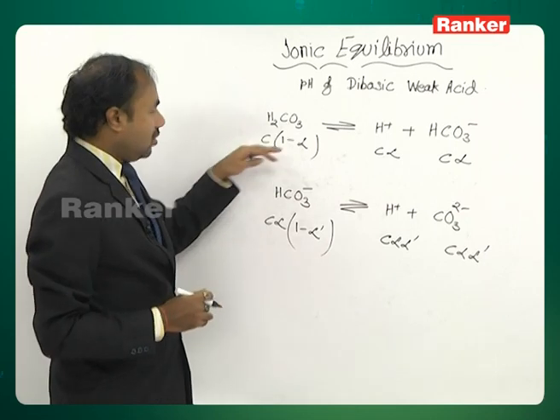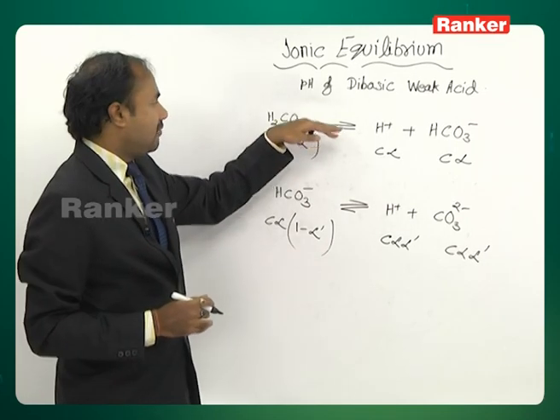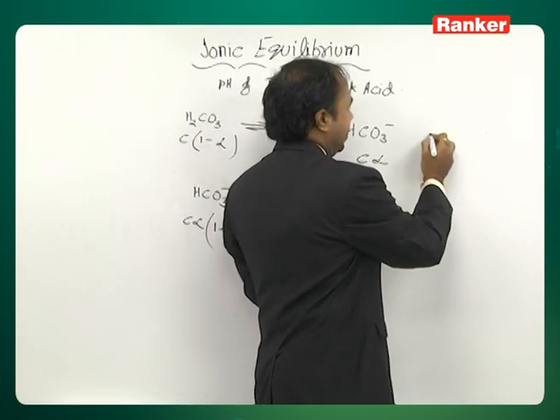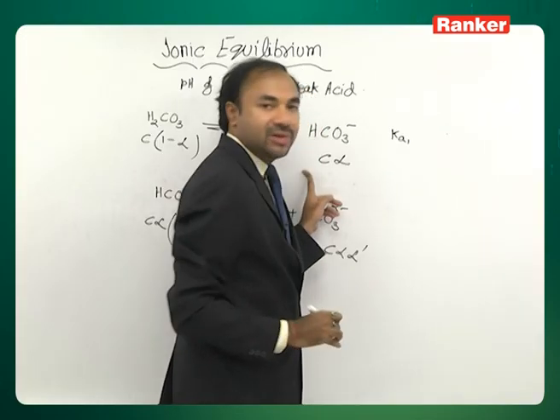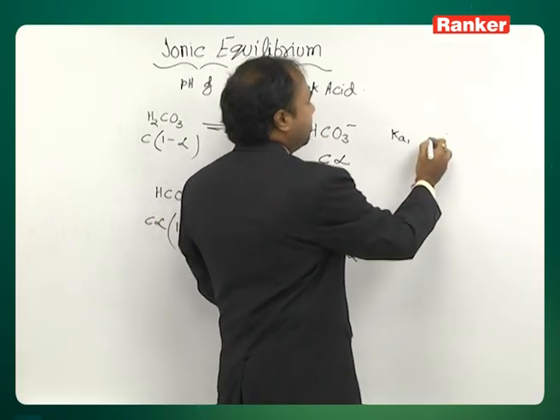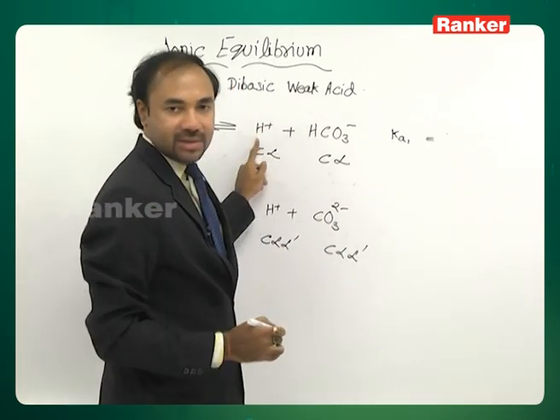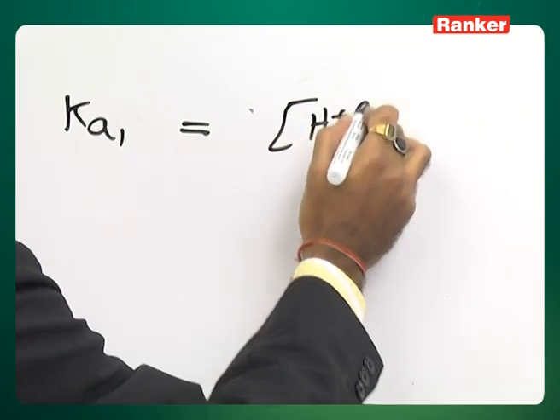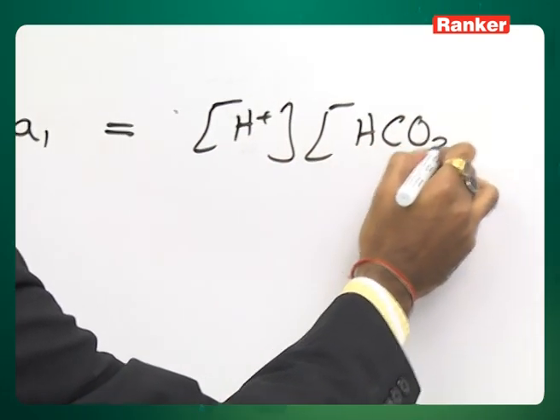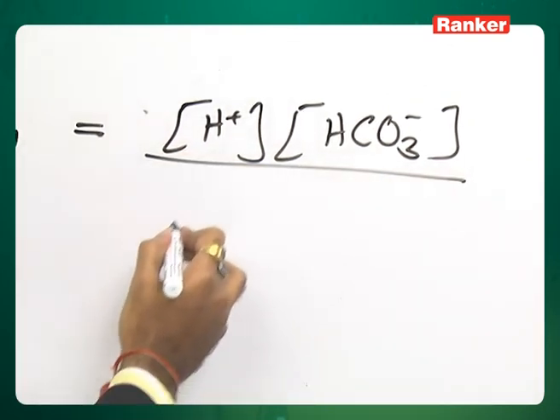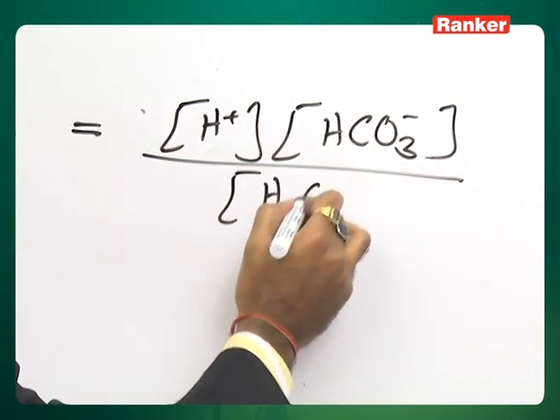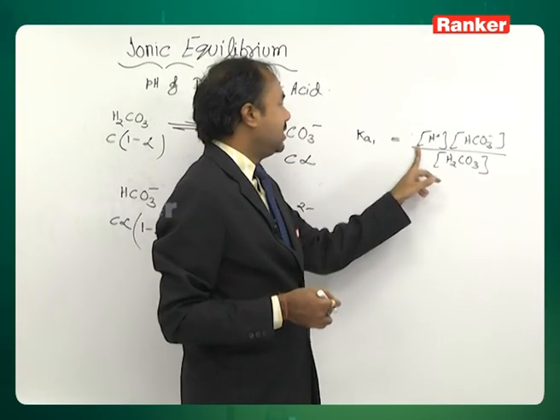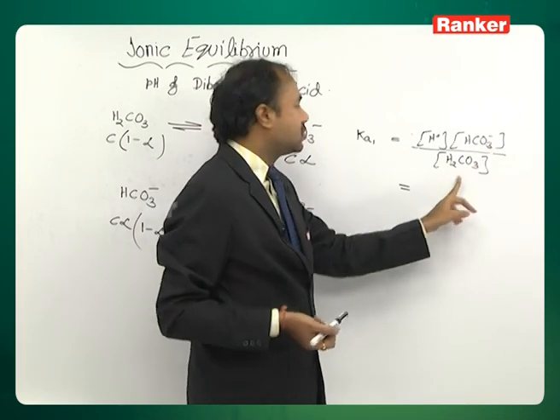Now we are going to apply the equilibrium constants for first equilibrium and second equilibrium. See it carefully. Equilibrium constant for this is Ka1, first dissociation constant of the acid, which will be equal to concentration of H plus into HCO3 minus upon concentration of H2CO3.